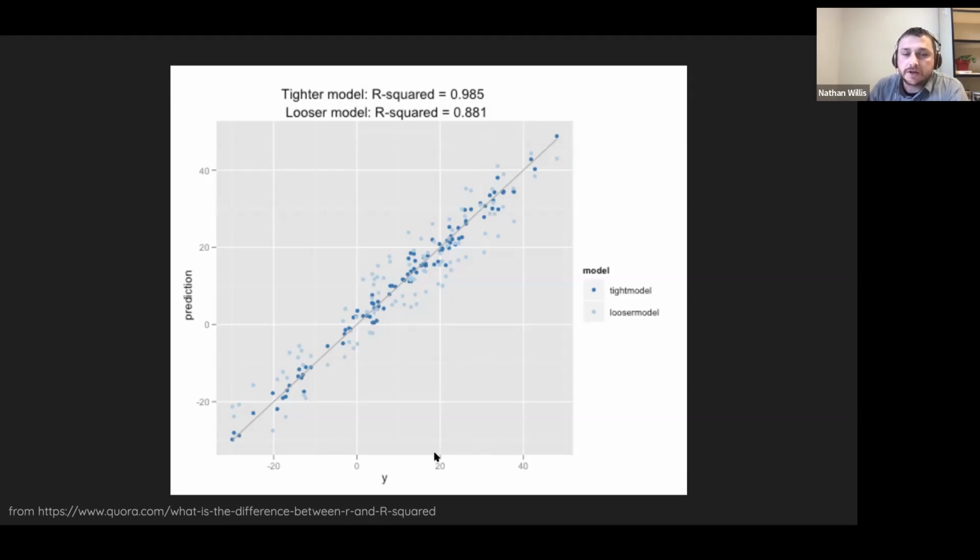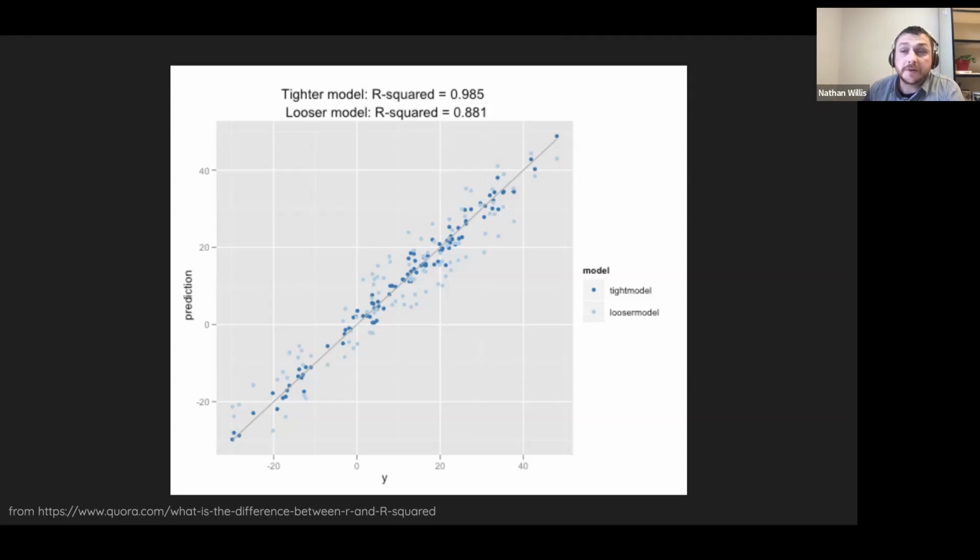So now the horizontal axis is y at 20, and you get a prediction of 20, because all of your data is very tightly around that line, you'd say this is probably a pretty good idea of what the true value would be at that y equals 20. Where with the 0.881, it's still a pretty good fit. We can really see the difference between the two, tightness or fit around the line. It's just not as tight as the 0.985.